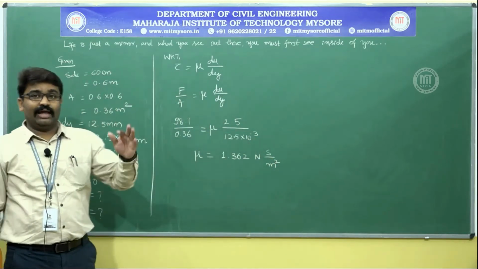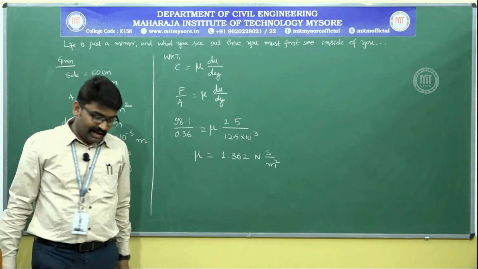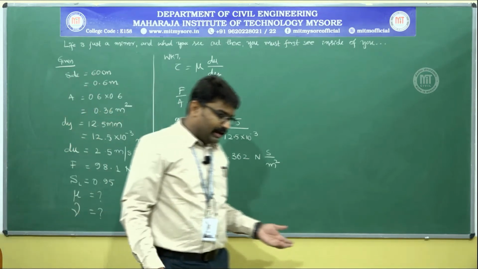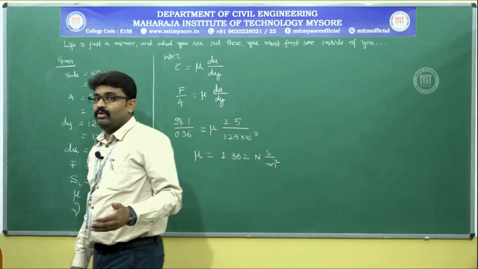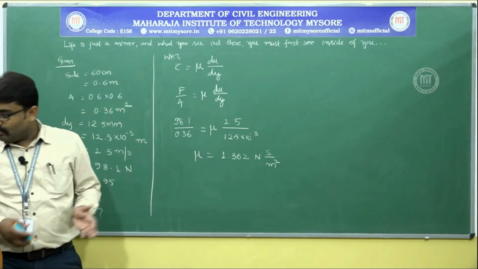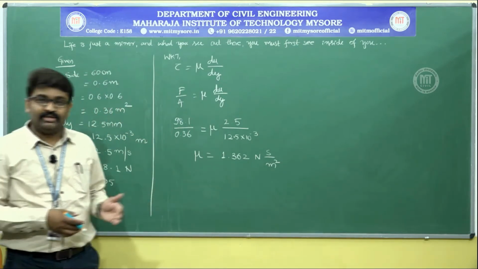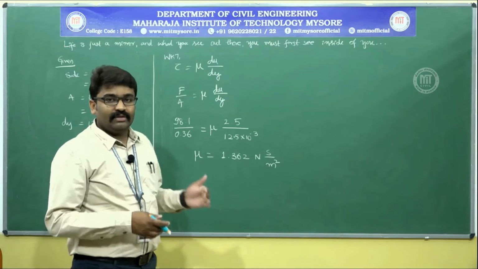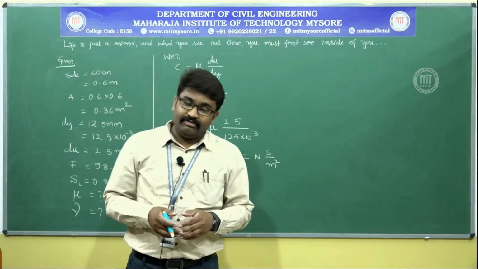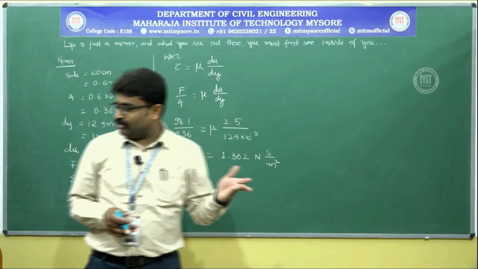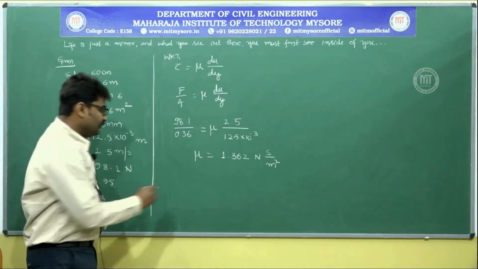But he says that you will have to keep the answer in terms of Poise. I had told you that to get the equivalent value in SI unit from Poise, we were dividing it by 10. Now you will have to get the equivalent value in Poise, so you will have to multiply it by 10.